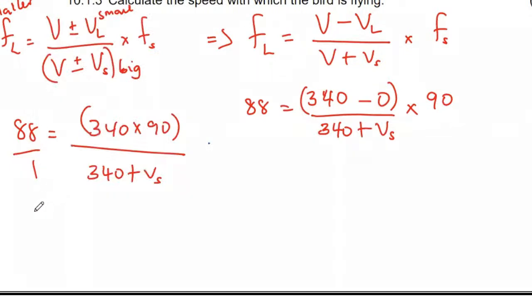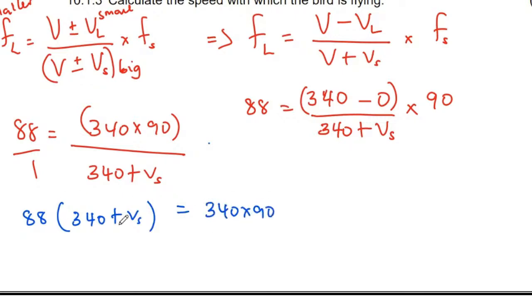So that's 88 times (340 plus VS) is equal to 340 times 90. Then I'll divide by 88, divide by 88. I want to punch everything in the calculator at once.